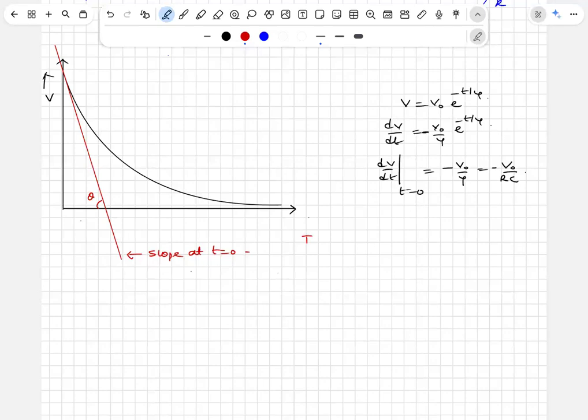So tan theta is the modulus of dV by dt at t equal to 0, which is nothing but V naught by RC. Suppose they have the same V naught, the best I can give you is about RC, not C or R individually.